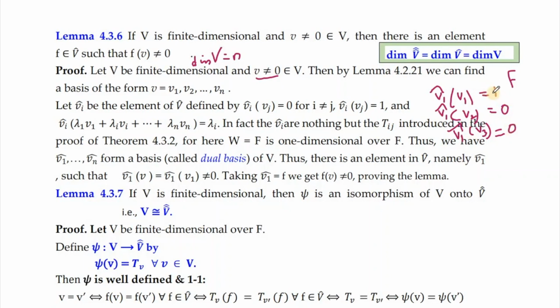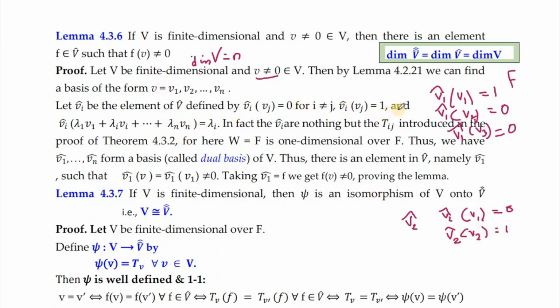The value is 1 when the suffixes are the same. Similarly, if you consider v2 cap, how is that defined? v2 cap of v1, because the suffixes are different, should be 0, whereas v2 cap of v2 will be 1. So when the suffixes are the same, the value is 1.